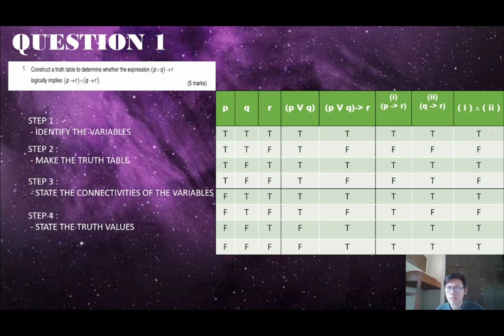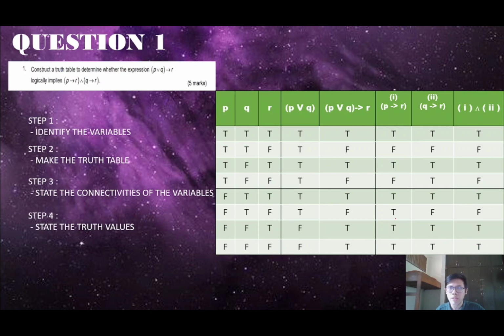Since both of them are true, it will become true. For the other parts, if both of the values are not true, it will become false. So the result will be true, false, true, false, true, false, and true, true.